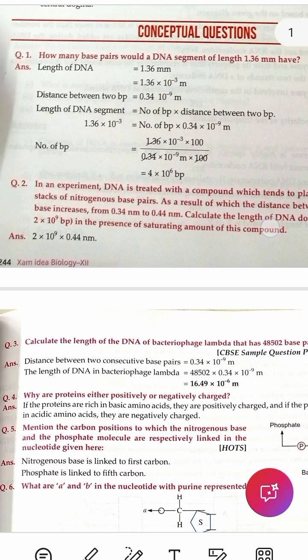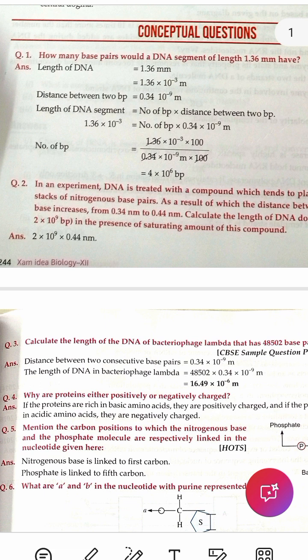So we can apply the formula and get 2 into 10 power 9 into 0.44 nanometer. After solving, you can obtain the result.